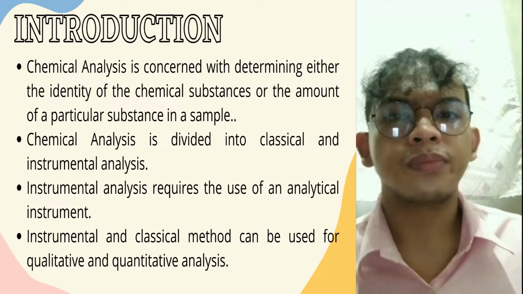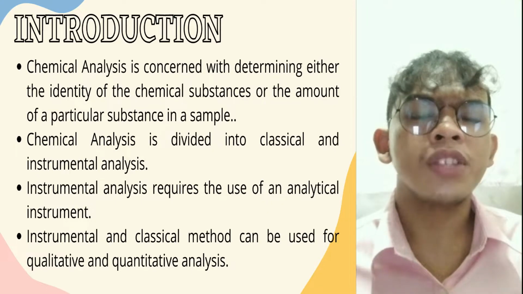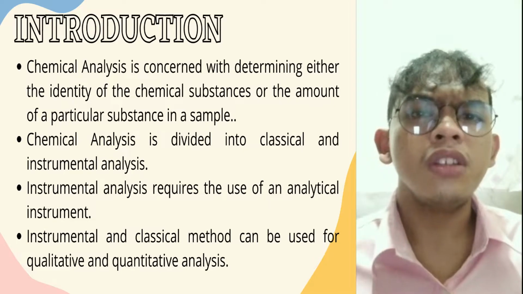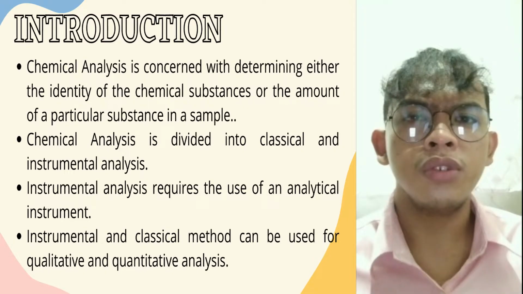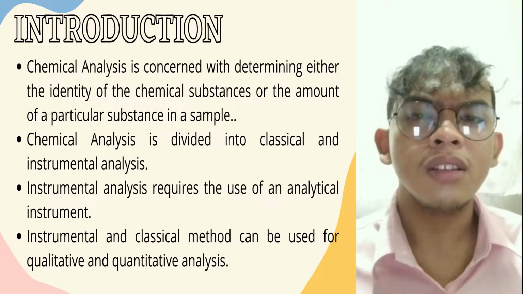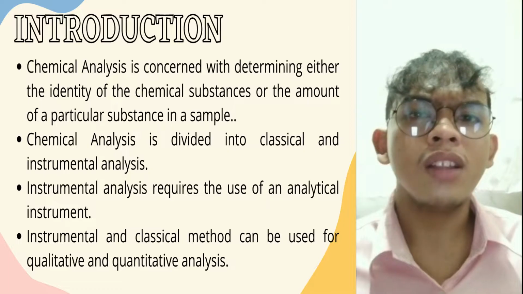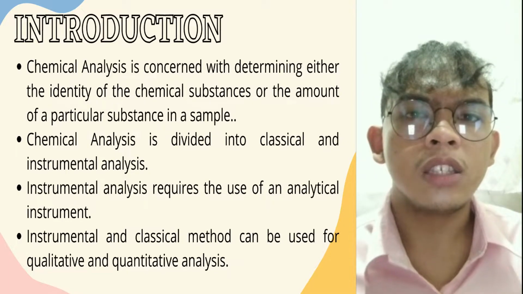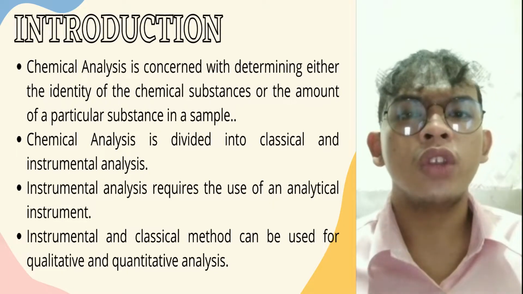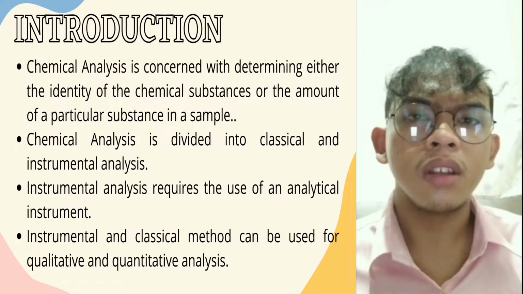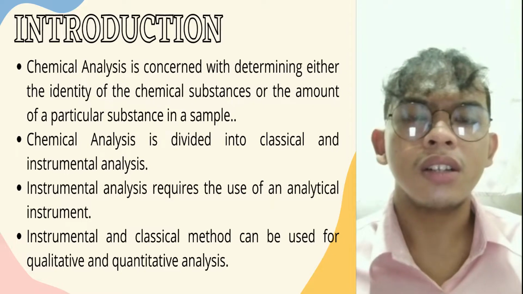After the sample is detected by the analytical instrument, it uses an energy stimulus, whether it is current, light, or heat. After which, the analytical signal is detected by the transducers or the detectors, then converted into an electrical signal.